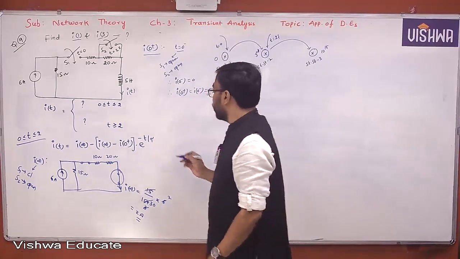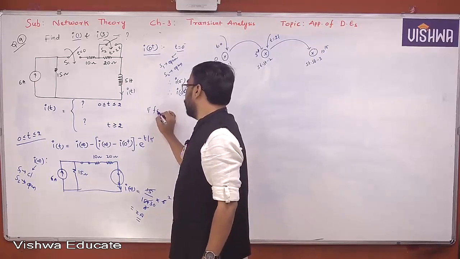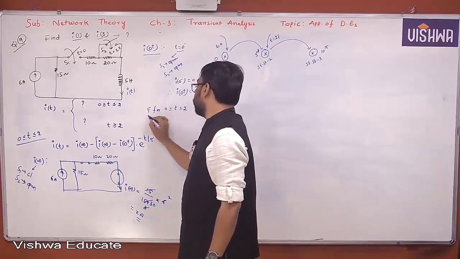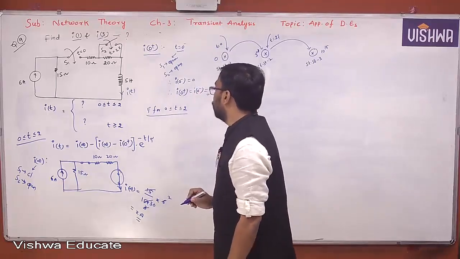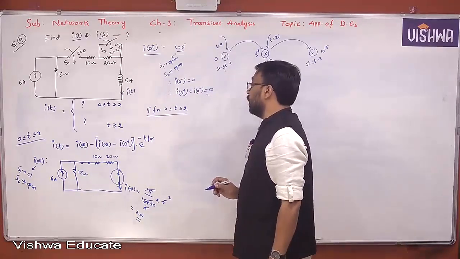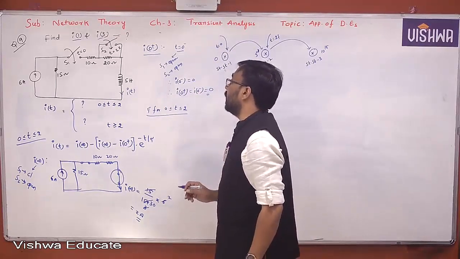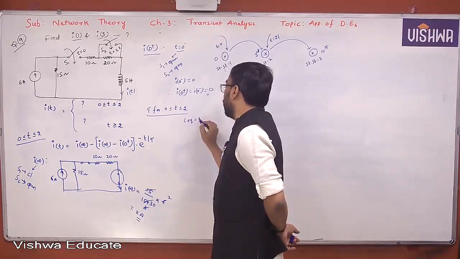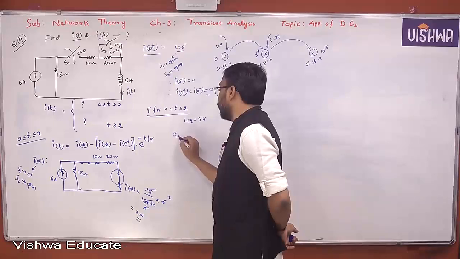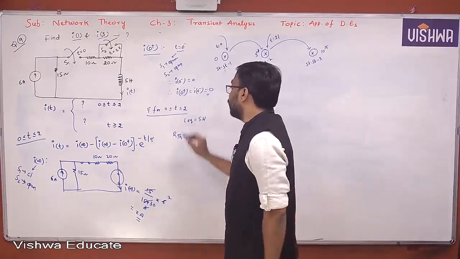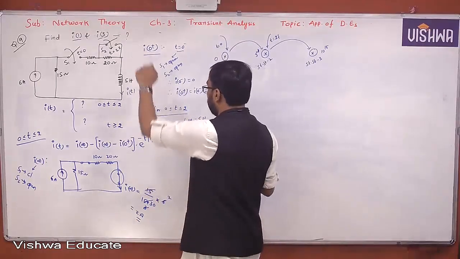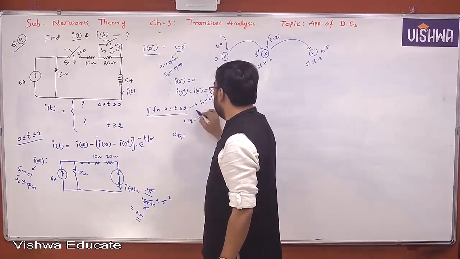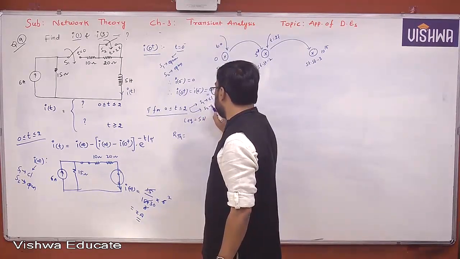Okay. Next, tau for t greater than 0 but less than 2 seconds. You need to find that. So what is that actually here? L equivalent is how much here? 5 Henry. What is RTH for this condition?